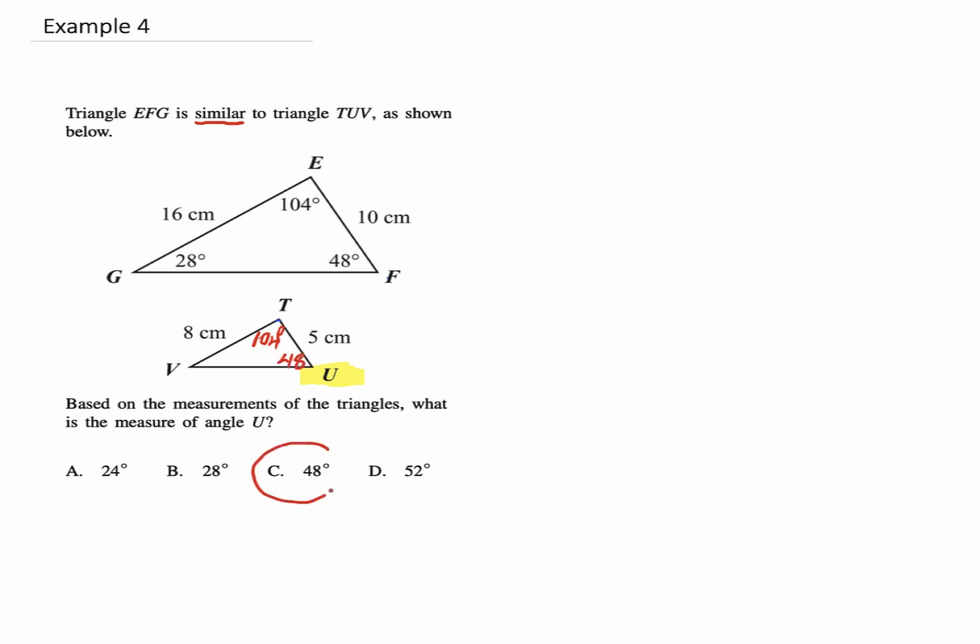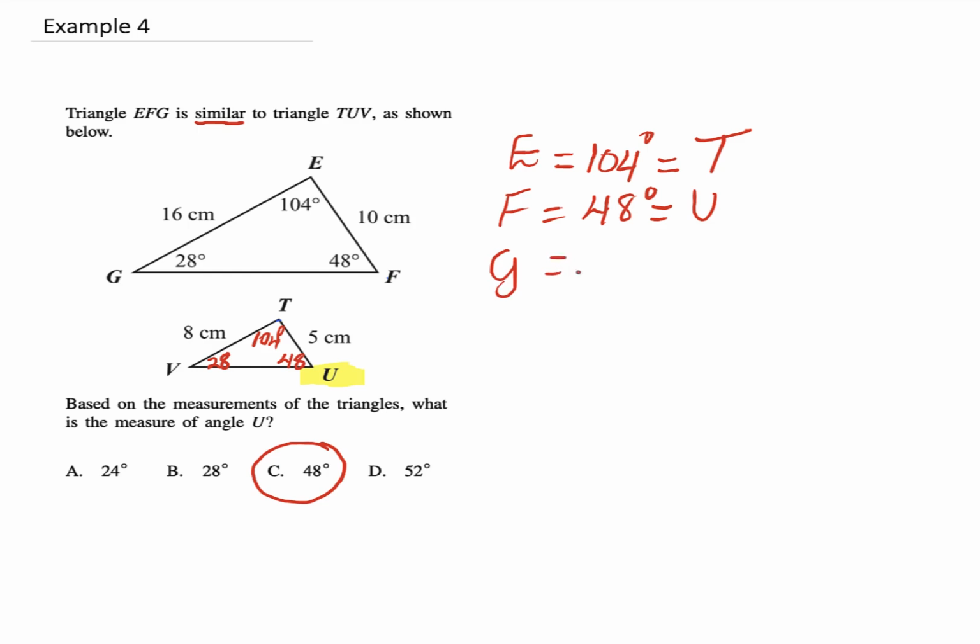So my answer is C, which means V has to be 28. So remember, corresponding angles are equal. Since we knew that E equals 104 degrees, that was also the value of T. F is 48 degrees. Therefore, U would be the same value.